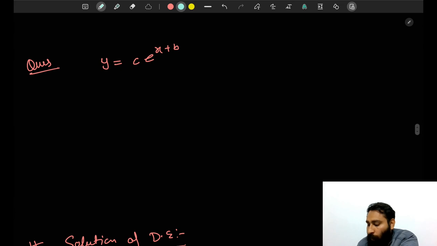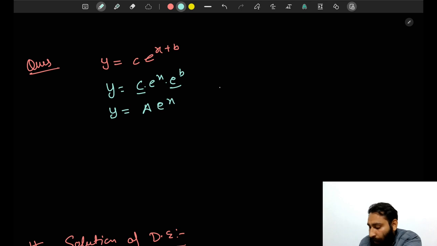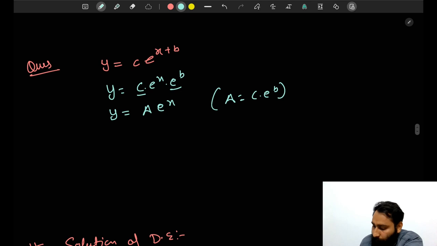Okay, one more question. y is equal to c into e to the power x plus b. In this equation, at first it looks like there are two arbitrary constants, but no, there is only one arbitrary constant. How? We can write y is equal to c into e to the power x into e to the power b. Both c and e to the power b are constants, so we combine them as a e to the power x, where a is equal to c into e to the power b.